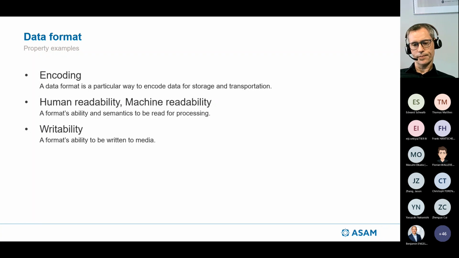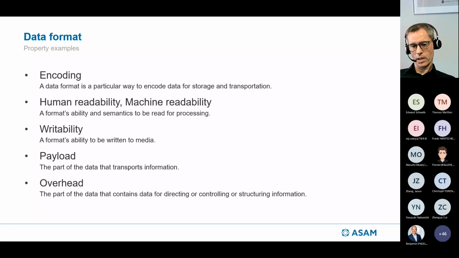So this is also about writing the data as a chunk, being self-contained or something like that. So this is always when it comes to writability. We talk about the payload when it comes to data format. So this is the part of the data that actually transports the information.